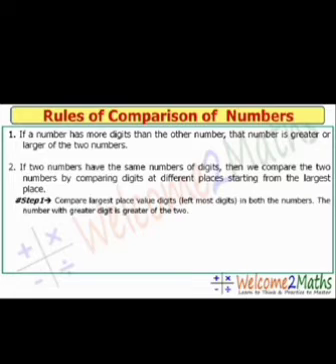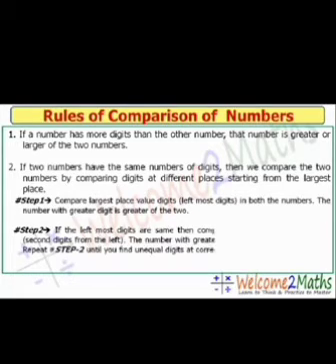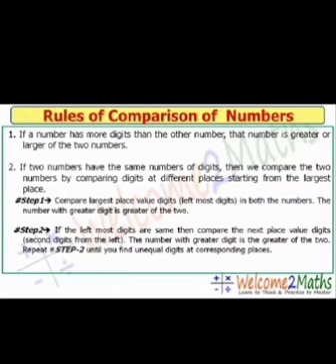So let's see step number 1. Compare largest place value digits, that is the leftmost digit in both the numbers. The number with the greater digit is greater of the two. Now let's see step number 2. If the leftmost digits are the same, then compare the next place value digits, means second digits from the left.